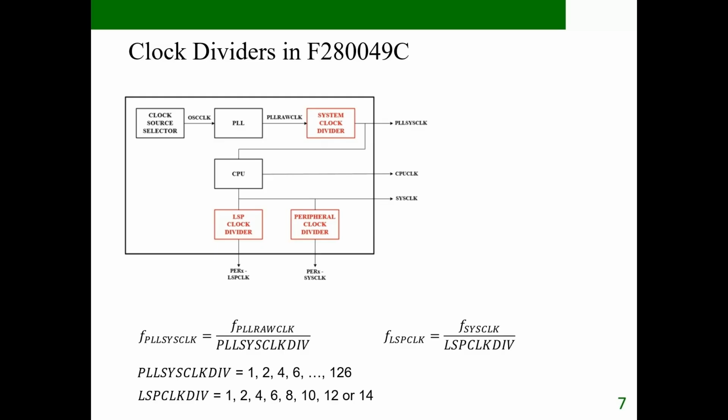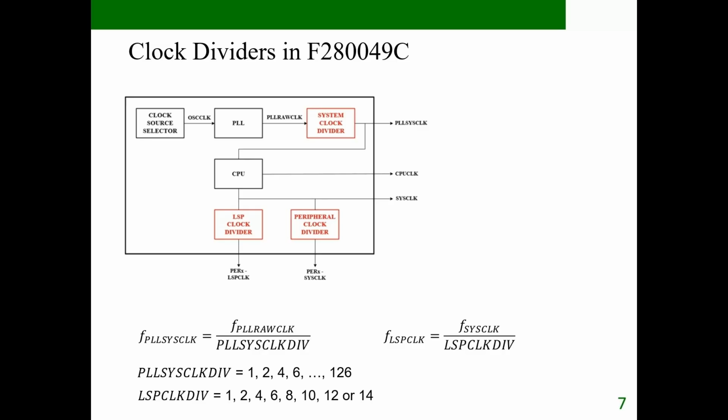We will cover these peripheral-specific dividers later when we look more closely at modules like PWM and ADC. The key takeaway here is that by understanding these divider stages, you can correctly configure communication baud rates, ADC sampling rates, and PWM resolutions, while keeping all clocks within their specified limits.